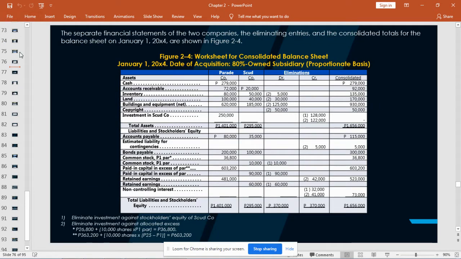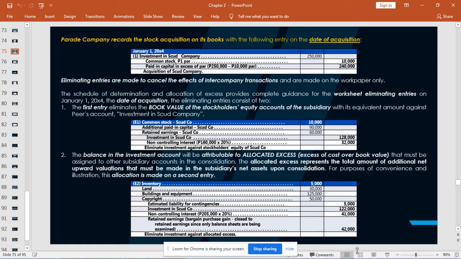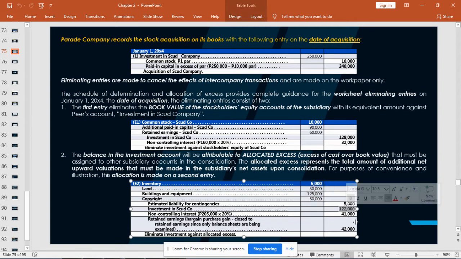Ayan. So, continue. So, ito yung changes nga dun sa ating valuation. Then, credit yung remainder ng ating investment account, and credit yung 20% ng over or under valuation that will be allocated sa ating non-controlling interest. Then, credit retained earnings for the bargain purchase gain.